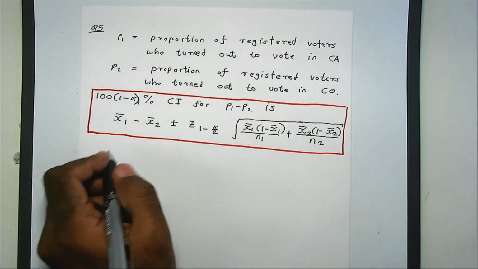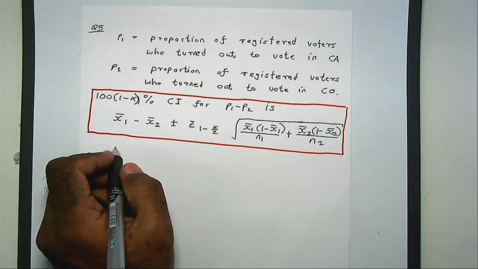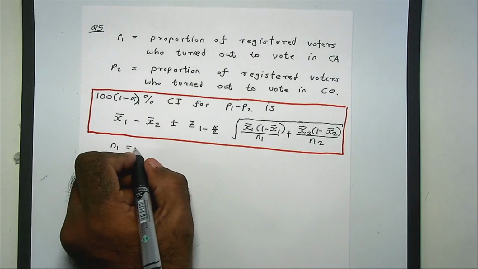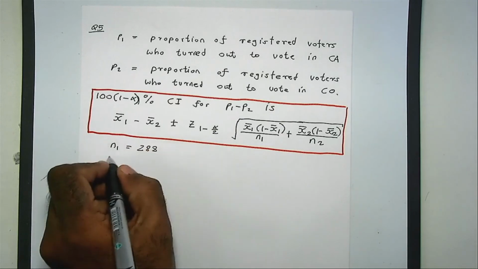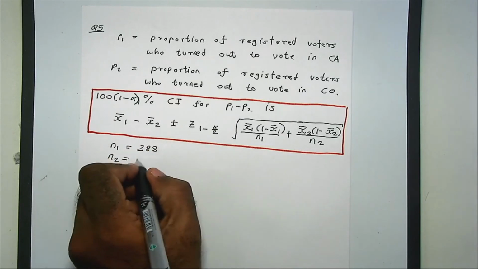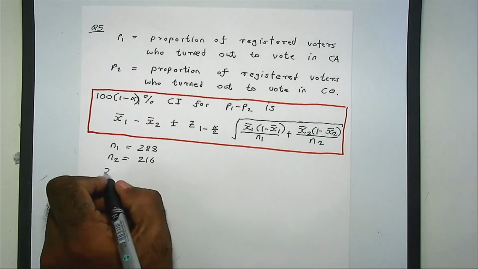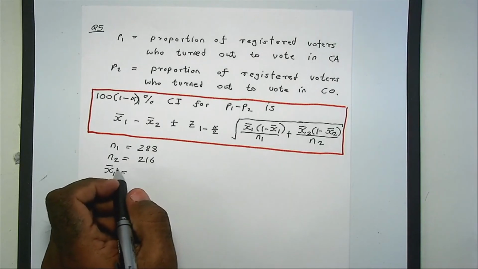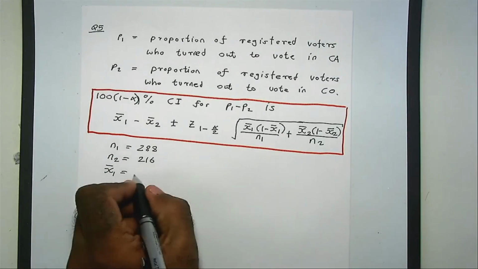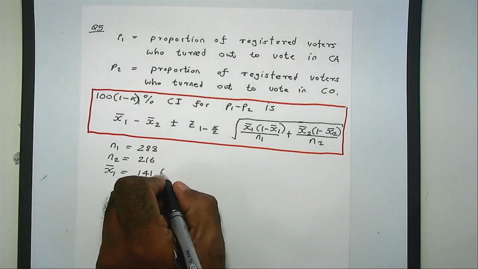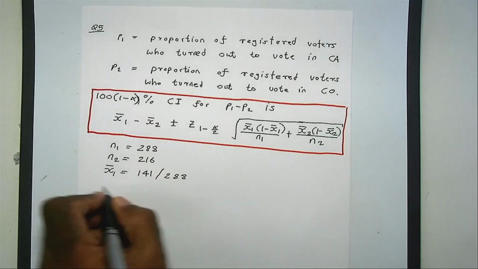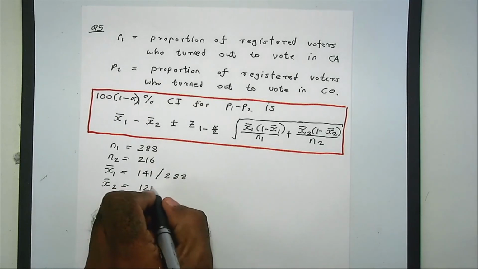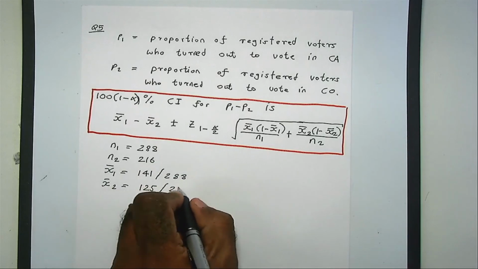Okay, so let's write down what we are given. We are told that N1 is equal to 288, and N2 is equal to 216. X bar 1 is the sample proportion for the first population, which is 141 divided by 288. X bar 2 is 125 divided by 216.